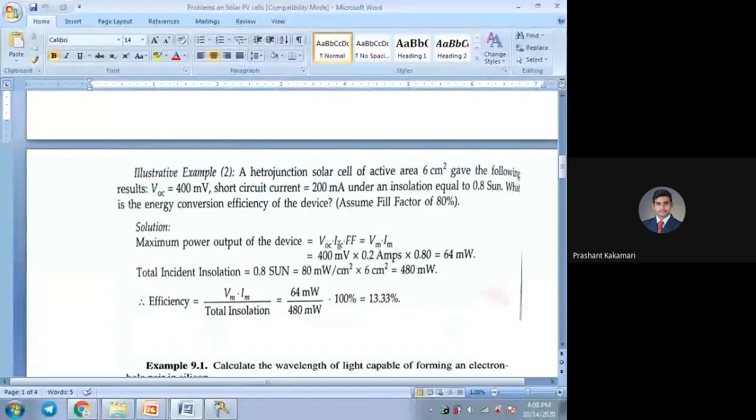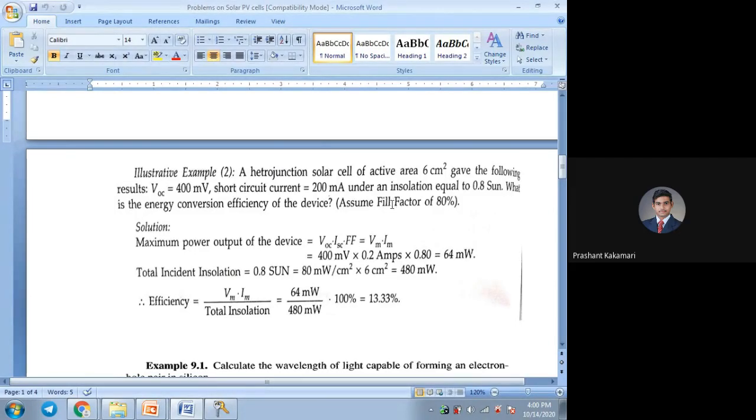So here, to find the maximum power output of the device, that is V into I at the maximum point, we have taken 400 millivolt open circuit voltage into short circuit current 200 milliamperes. Okay, so they have taken amperes, into fill factor.